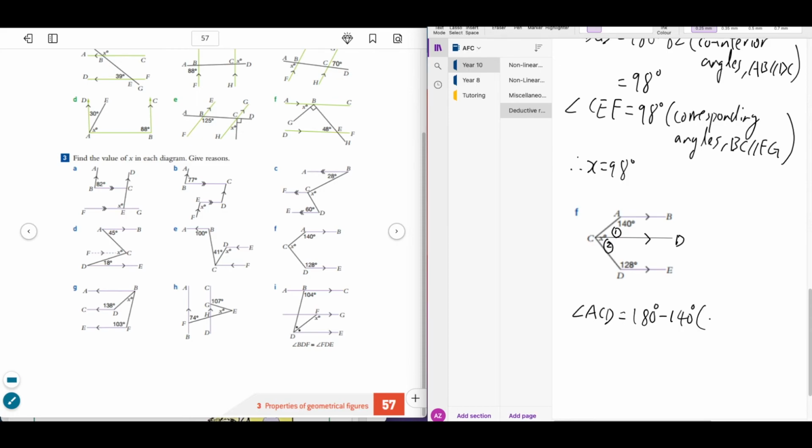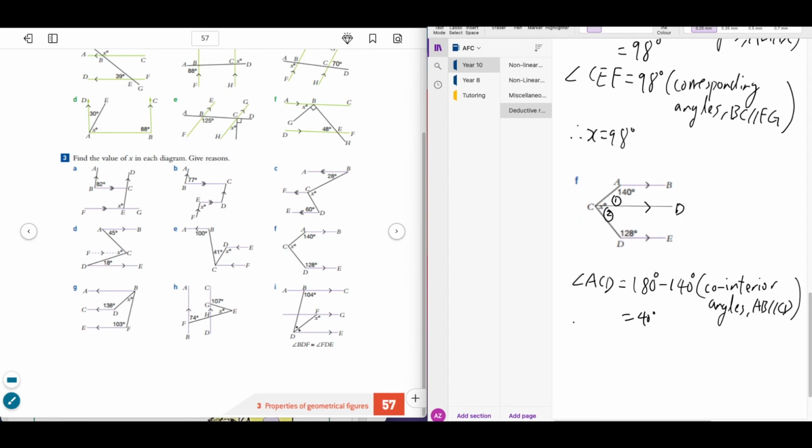And the reason is co-interior angles. You need to write the parallel lines. So AB parallel to CD. And this equals 40 degrees. You don't need a reason for that.